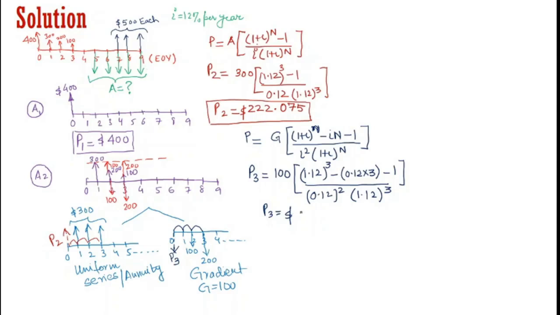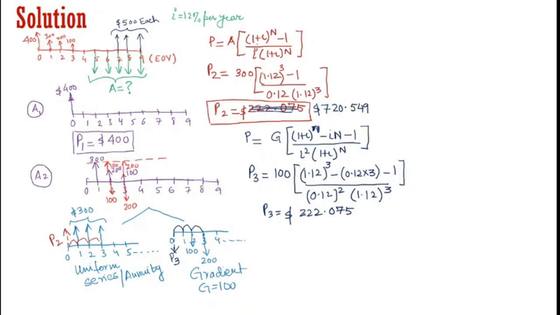If I compute the numerical value, P3 comes out to be... I have not written it correctly. If I compute this value, it is coming out to be $720.549.